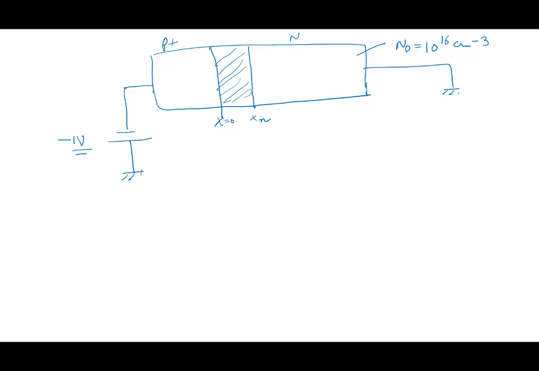We were saying that reverse current is due to thermal generation. Generation is occurring and is generating electron and hole pairs.